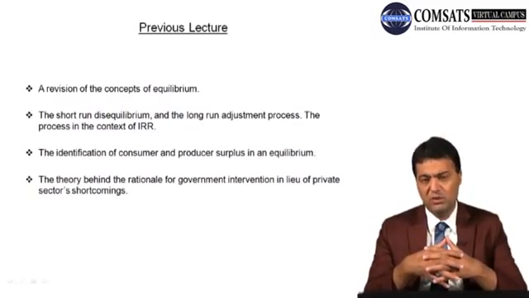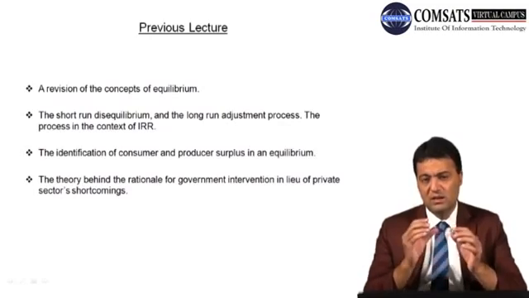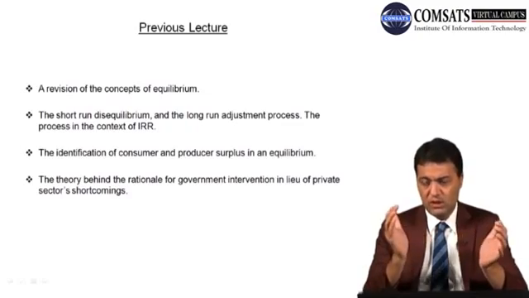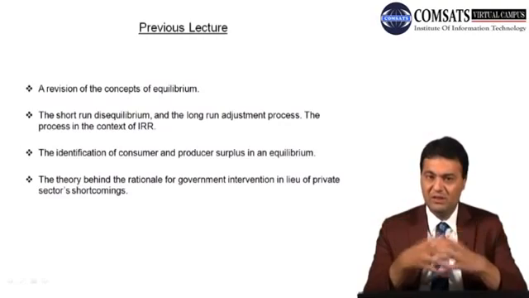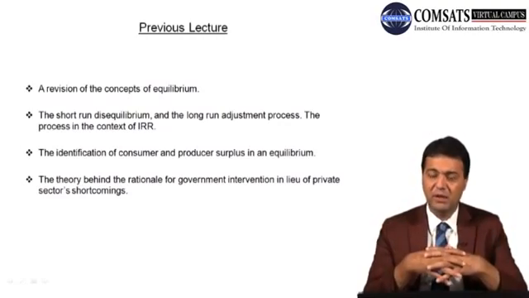Now remember, one of the rationales for government intervention, as we'll go through in this lecture, is that the equilibrium or the total maximization of the potential of an economy might not necessarily be possible for the private sector to achieve.